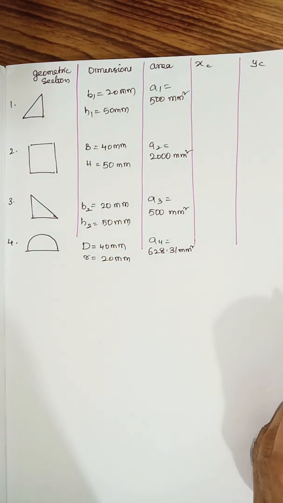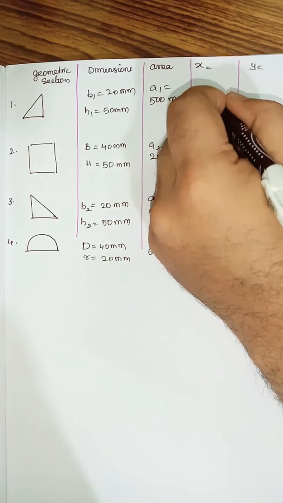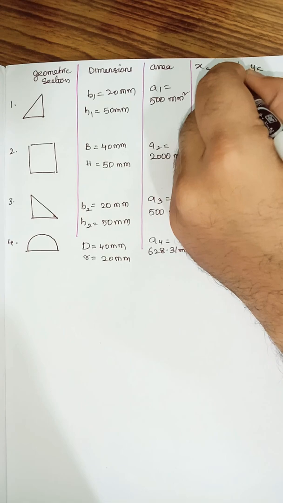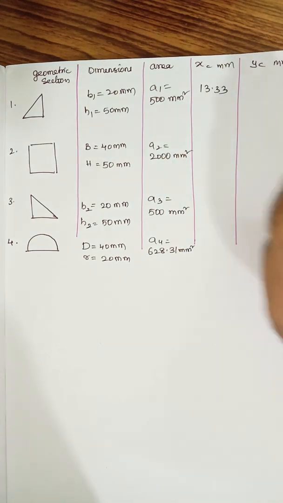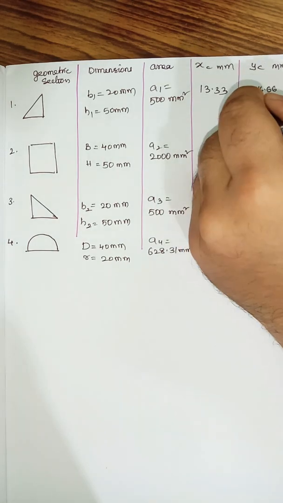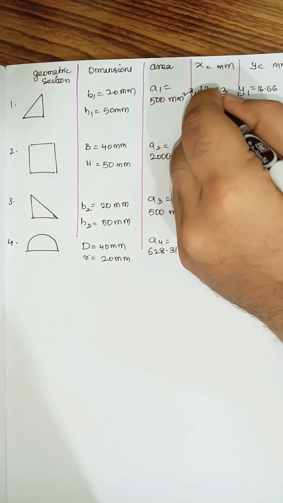Now, as we have calculated the coordinates x1, y1, x2, y2, x3, y3, and x4, y4, I'm going to represent all the values over here. The first one, x is 13.33 millimeters, and y is equal to 16.66 millimeter. This is y1, this is x1.